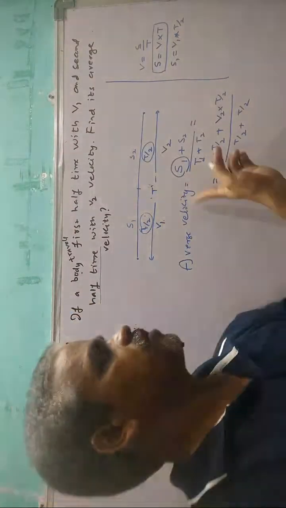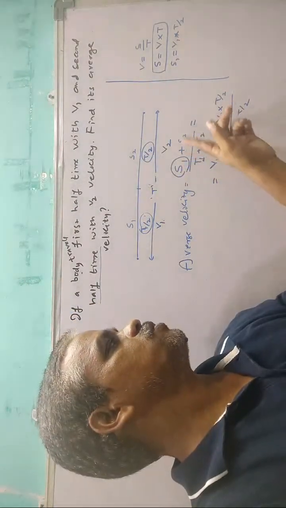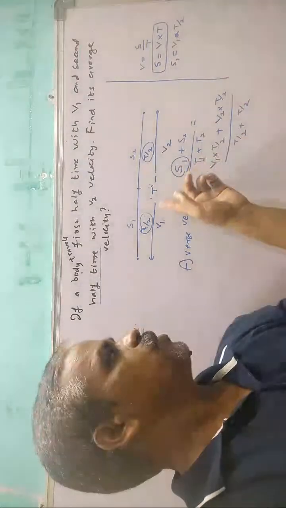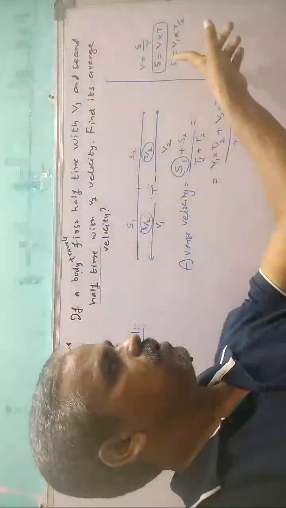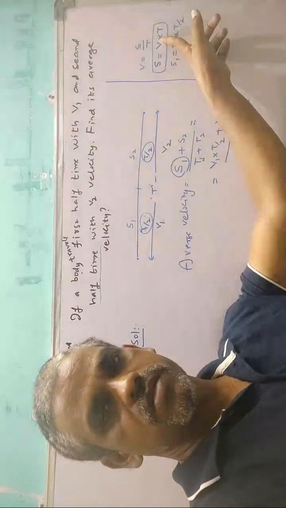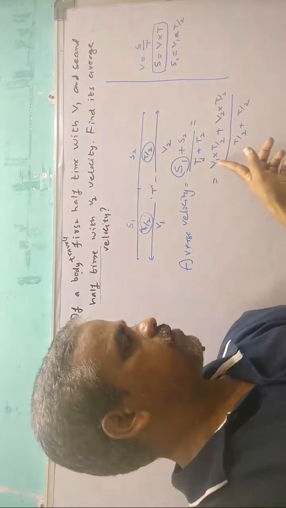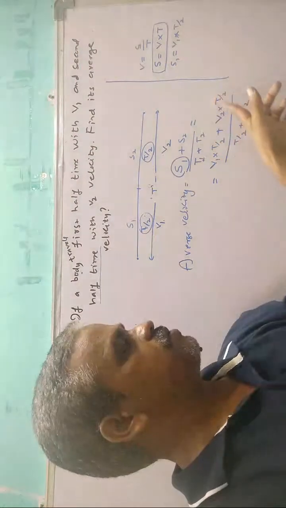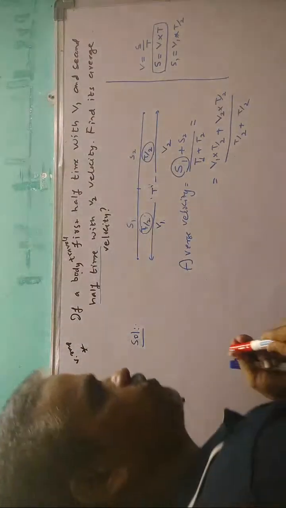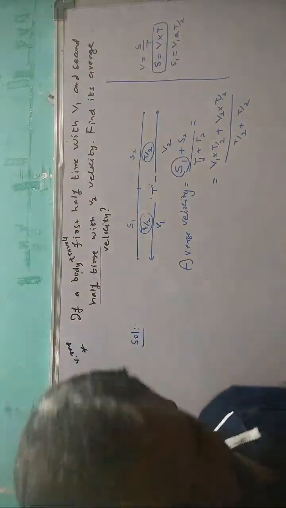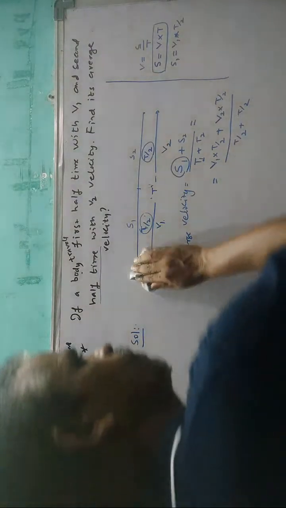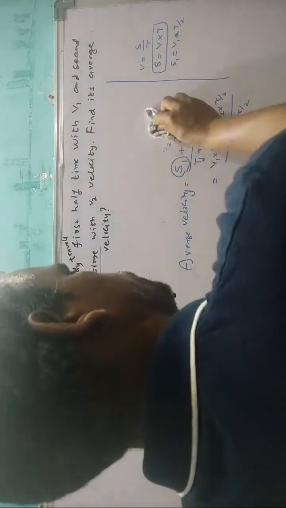So our velocity formula, we have s1 plus s2 by t1 plus t2. We don't know displacement, that's why displacement in terms of velocity into time. I wrote here v1 into t by 2 plus v2 into t by 2, t by 2, t by 2. What is the formula? We will see. How will it change? First I rub it.